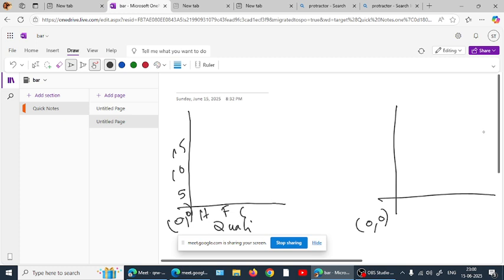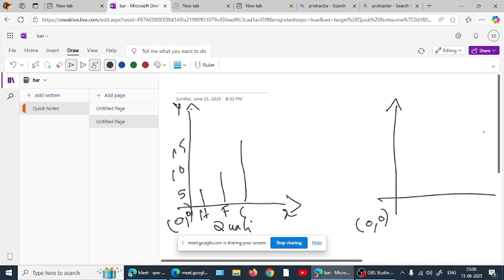If hockey is liked by only 5% of people, football by 10%, and cricket by 50, that means the most liked game is cricket and the least liked game is hockey, and we get a vertical graph.